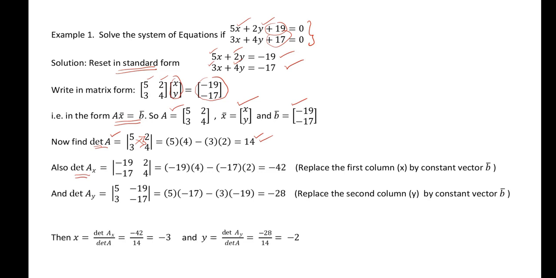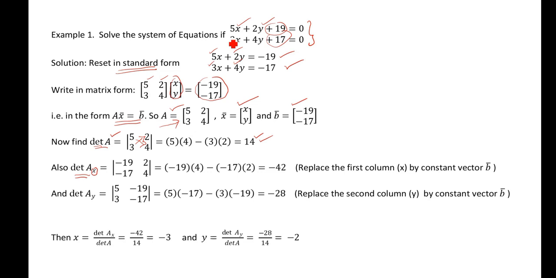Well, the theory states that if you want to find the determinant of A subscript x, then you look at the matrix A, which is this, and identify which column has the coefficients from the x.